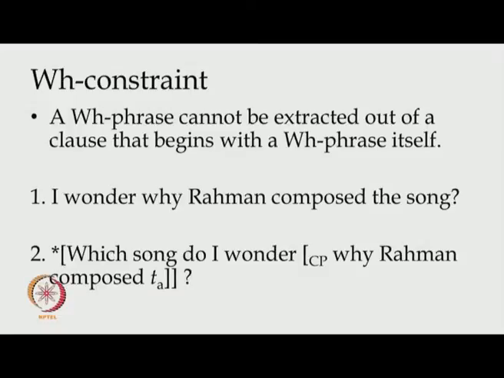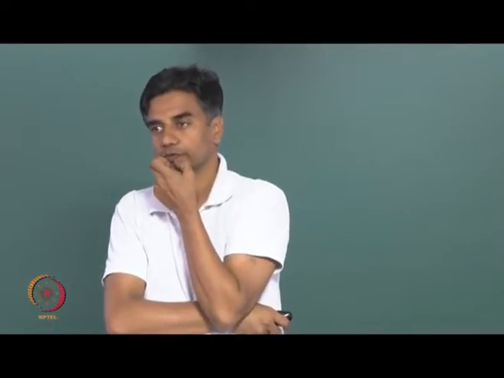I wonder why Rahman composed the song. See this? Now, this clause begins with a WH element itself. Therefore, an extraction of another element out of this clause is not allowed. And here specifically we are talking about English.